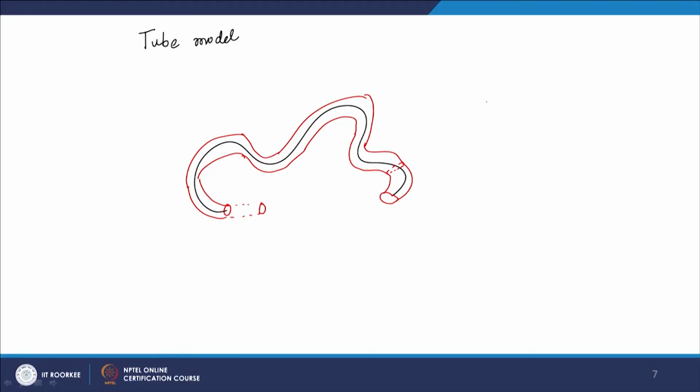Okay. So, whether we are doing a pseudo network model, or a slip link model, or a tube model, all of them to some extent are similar representations, and the key idea of all of this is that the polymer chains move by reptation motion.